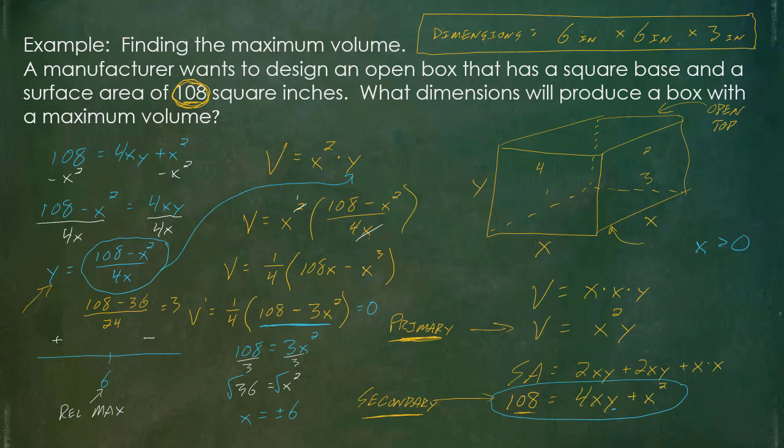So just isolated the y, plugged it in, found my derivative, set it equal to 0, solve for the critical numbers, and then I used the increasing and decreasing, so essentially the first derivative test, to determine whether I had a max value or a minimum value at that number 6. And again, I was able to get rid of -6 because of the context of the problem, I can't really have a negative side length.